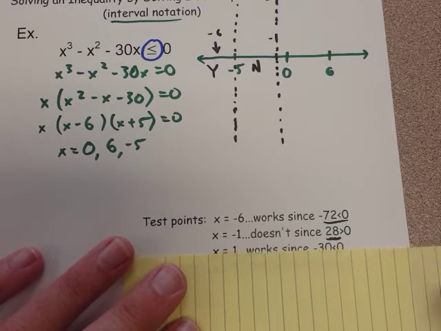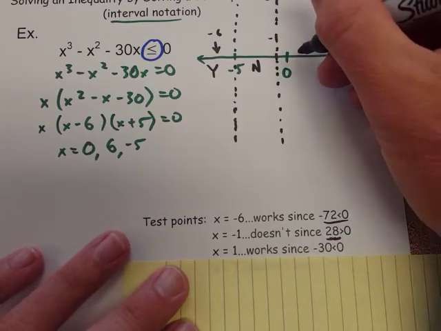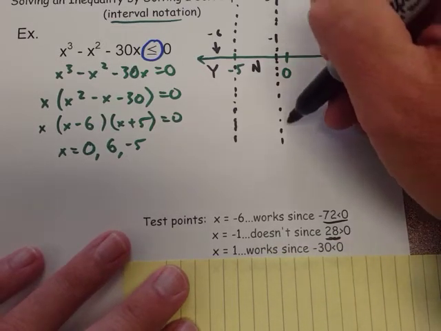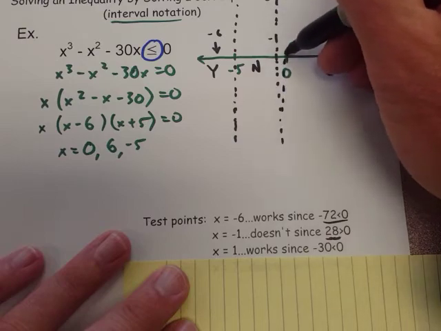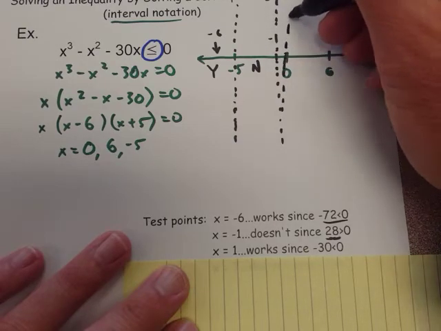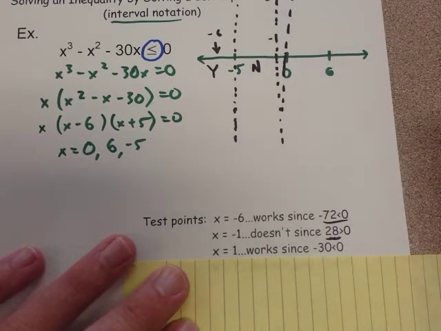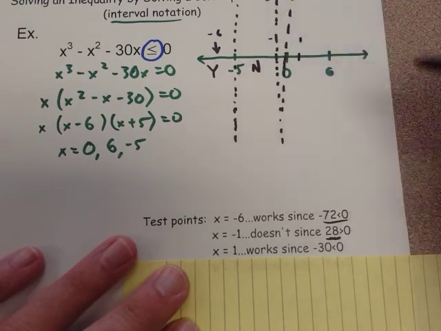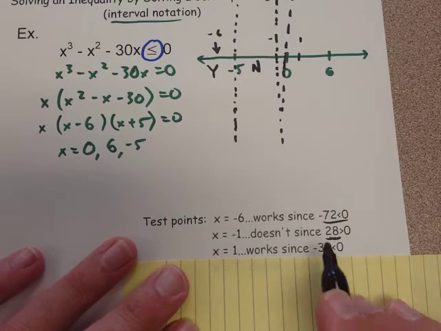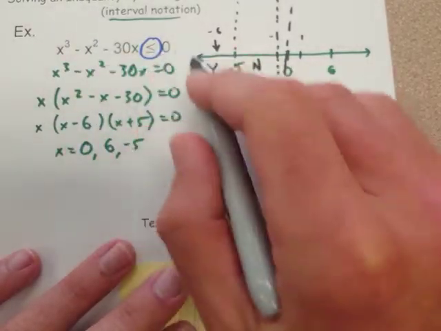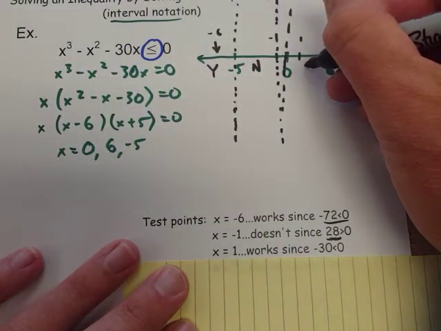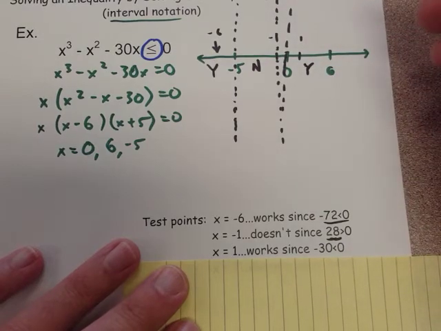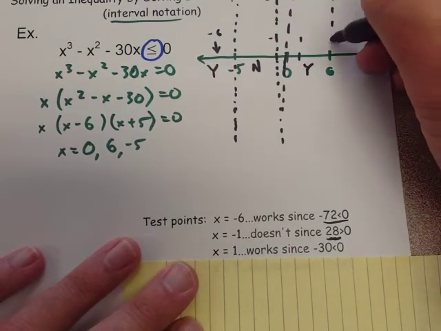I go about that same process with a couple other points. I could choose 1. Oops, I put this through that point. It really should be through this point right here. Sorry about that. So I choose now positive 1, maybe, and I put that in. Negative 30 is less than or equal to 0, so this interval works. This one's a yes. And then I do one more.